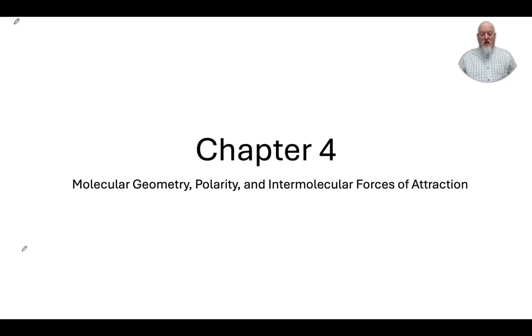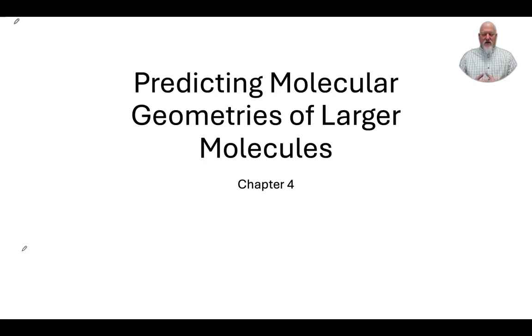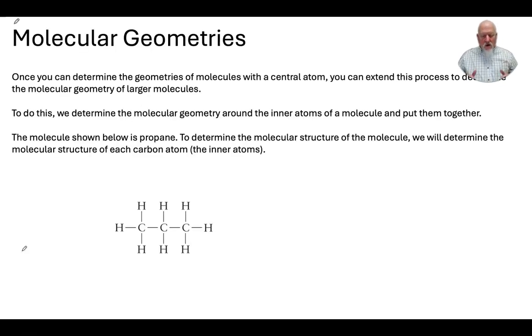So we just saw that we can predict the geometry of simple molecules, ones that have a central atom. We can simply extend that and predict the shapes or geometries of larger molecules. Basically, we will look at each of the inner atoms in a Lewis structure.